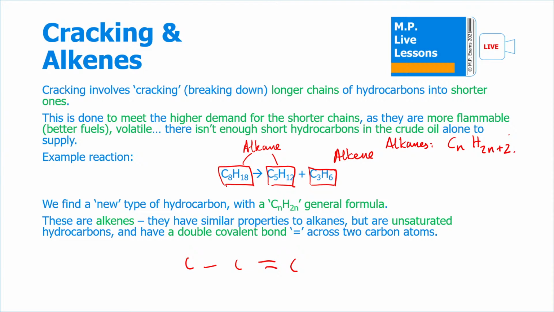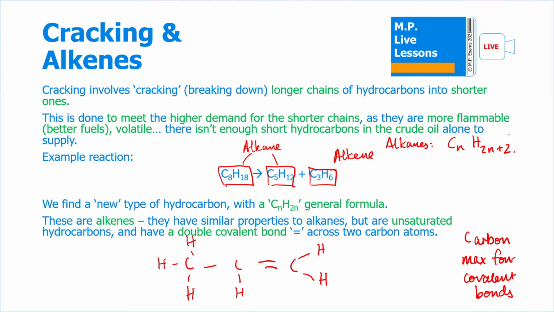Everything else is single bonds, and remember that carbon atoms have a maximum of 4 covalent bonds, or lines, if you like. So that means we can only put 6 hydrogen atoms in this way. Like this. And we can see there are loads of gaps because it's unsaturated.